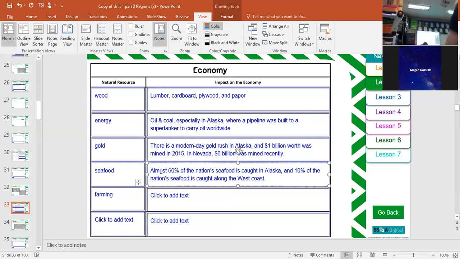When it says along the West Coast, specifically, what is along that West Coast? What water? Well, yes, but what is along that West Coast? Which ocean? Pacific. The Pacific Ocean.